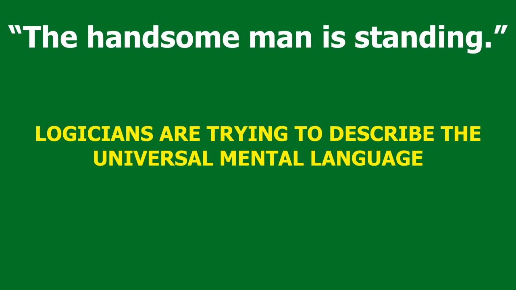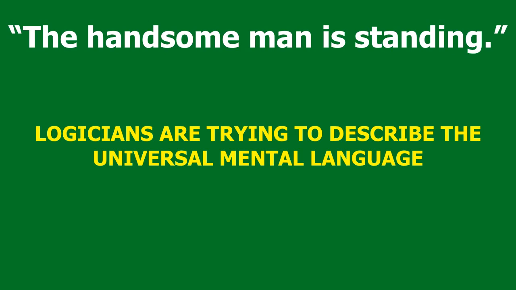The universality of this mental language is very important to the Muslim logicians, and what they are trying to describe to us is actually not the language-specific expressions. They're trying to describe to us the universal mental language that is not language specific, that lies behind these expressions.